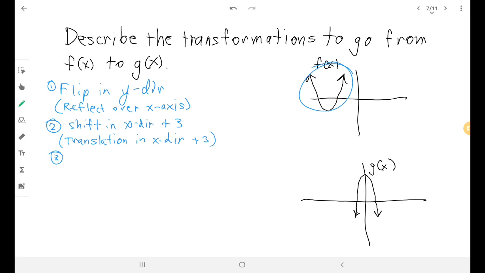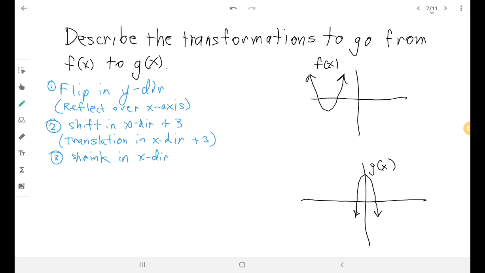But look at this one compared to this one. One of them is clearly skinnier than the other one, right? So that's the third element of these ideas, which is that there has been a shrink. We talk in terms of shrinking and stretching. A shrink in the x direction.